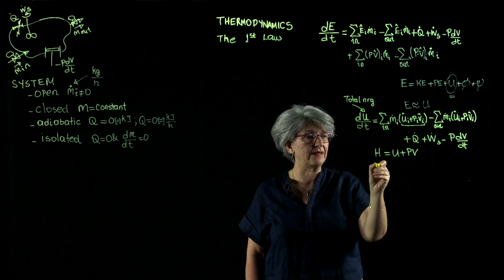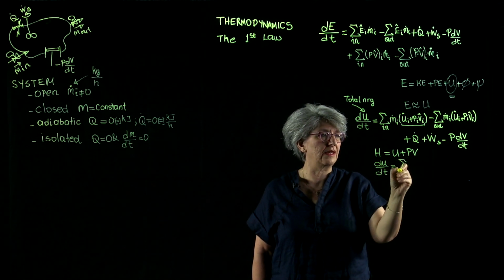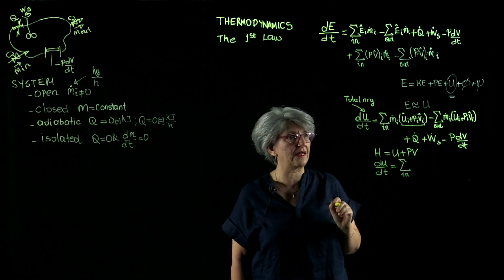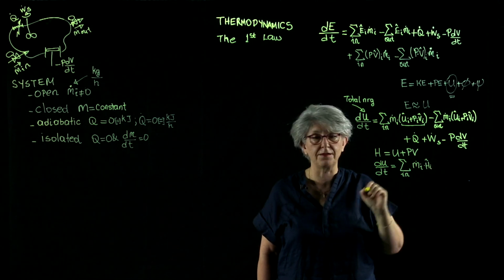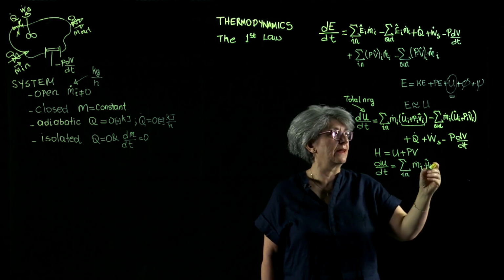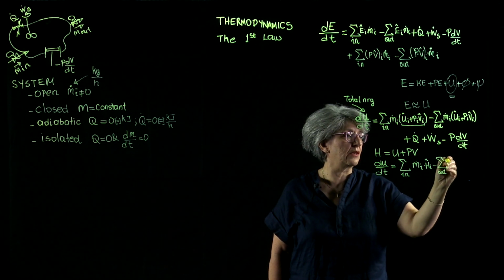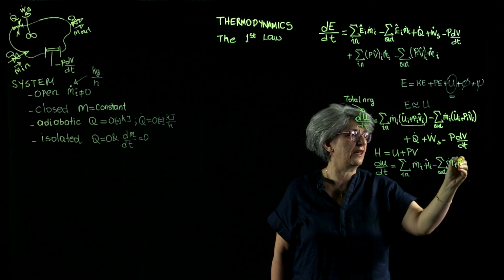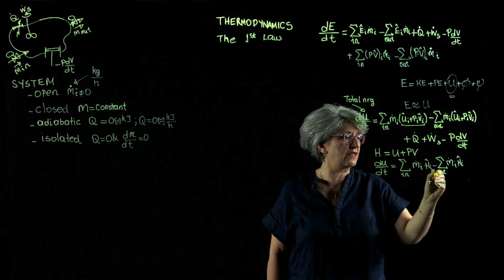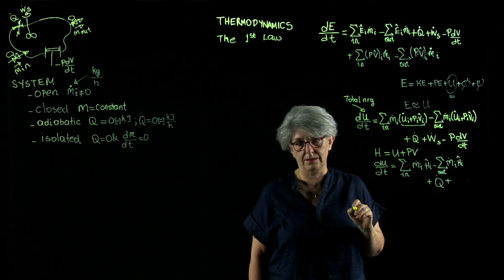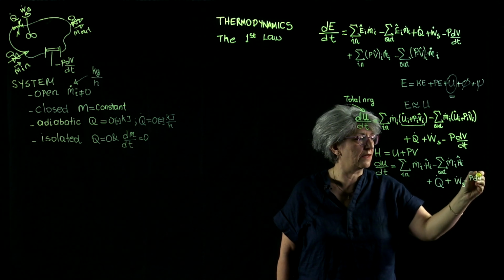So now my energy balance simplifies. dU over dt is equal to sigma of all the streams that are coming in, m dot_i times h hat_i, specific enthalpy, minus sigma of all the streams that are going out, m dot_i h_i, plus the heat exchange of the system with its surroundings, plus shaft work, minus P dV over dt.